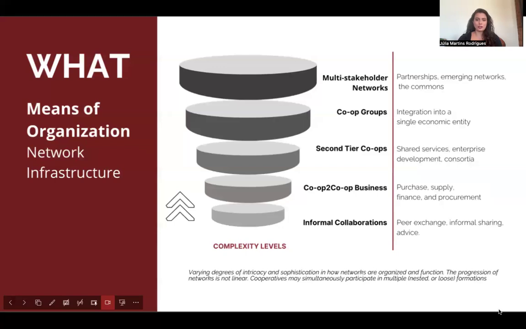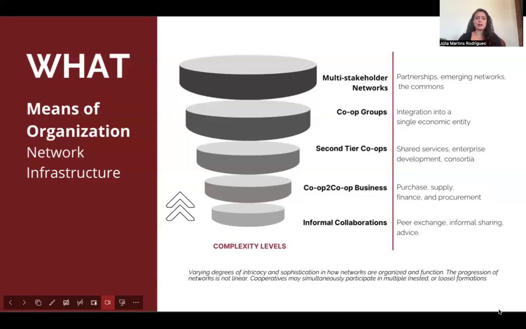In complex networks, we're likely to identify more than one of these means of organization coexisting. It is rare to find a complex network that relies on only one type of infrastructure. Instead, we usually see a spectrum of network complexity.